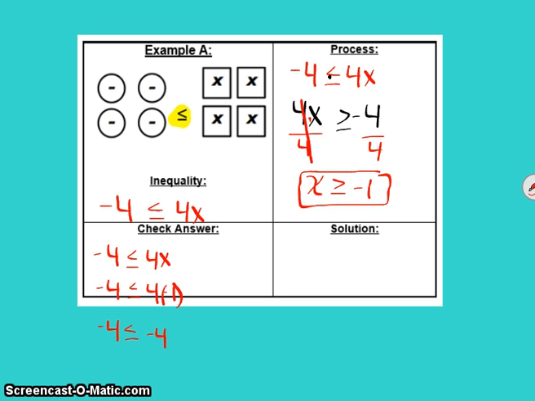So now I have to read this again. I have -4 is less than or equal to -4, and that is a true statement because it is equal to each other. So my solution would be x is greater than or equal to -1. So that's any number that's greater than -1.